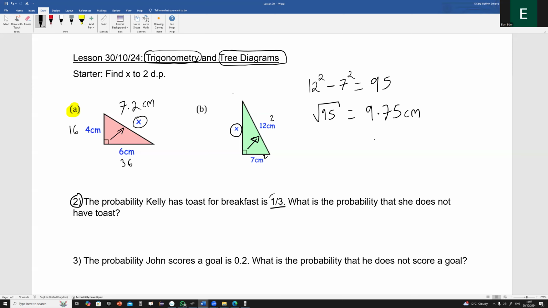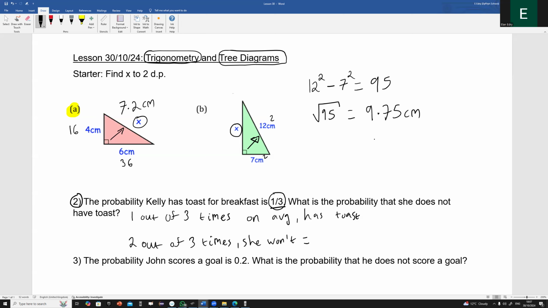So 1/3 means that 1 out of 3 times on average, she will have toast. So that means that 2 out of 3 times she won't have toast. Now, 2 out of 3, that is 2/3.